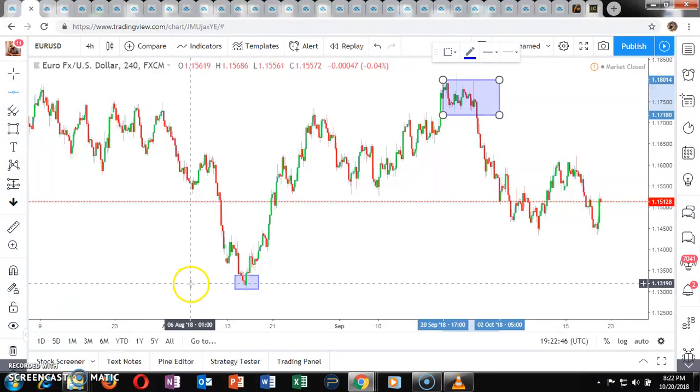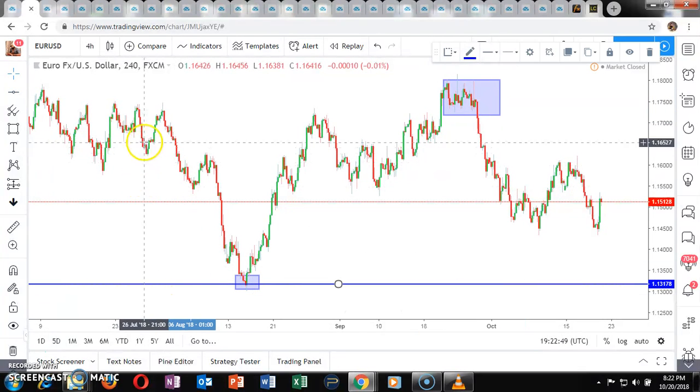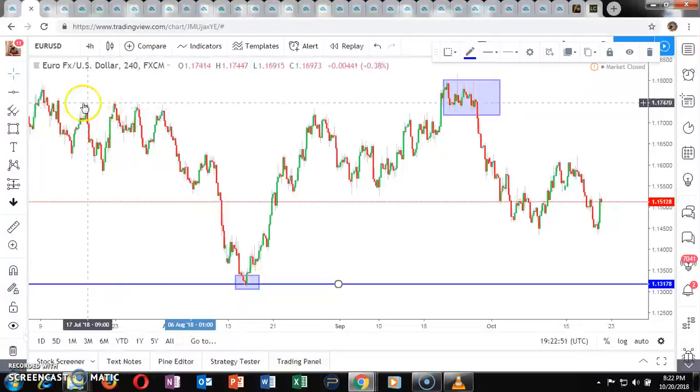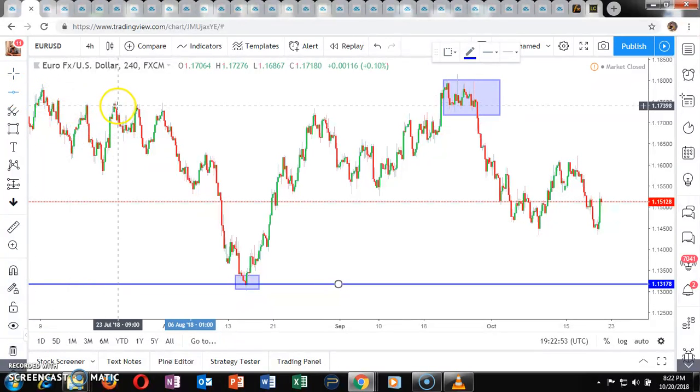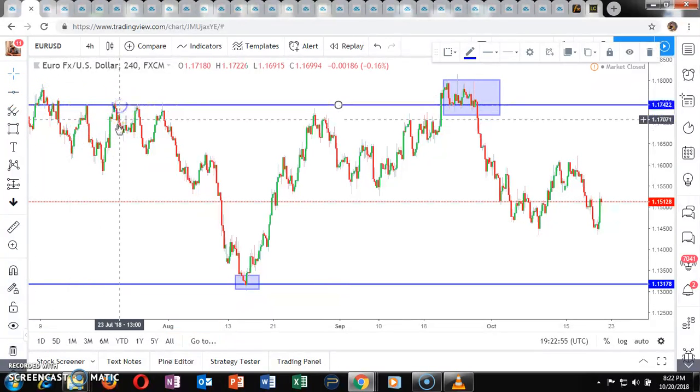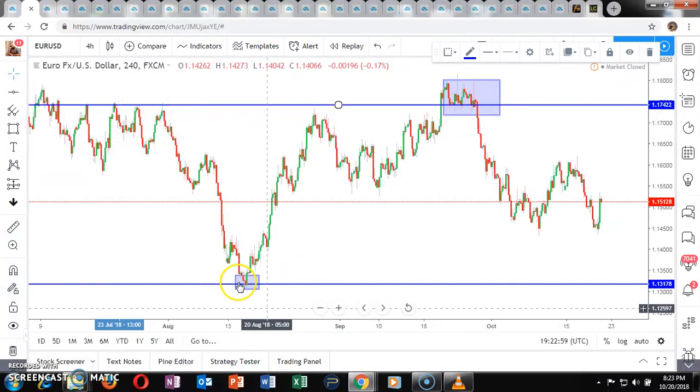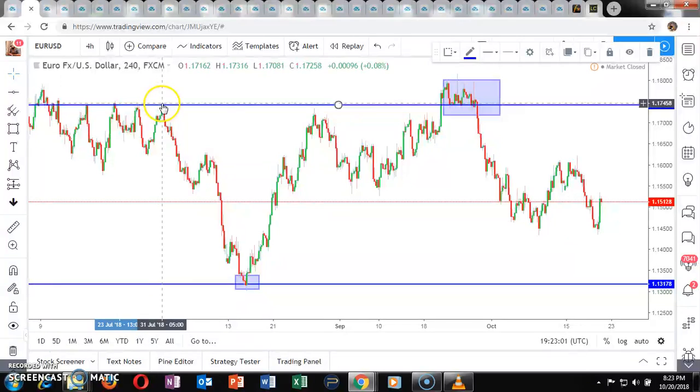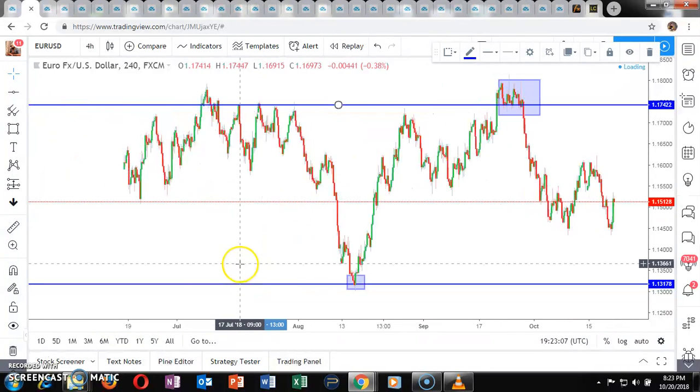That's because the market has gotten to this point, which, let's call this a resistance. Of course it's a resistance, and this is support. Now the market has gone from our resistance area and dropped and fallen down to our support.